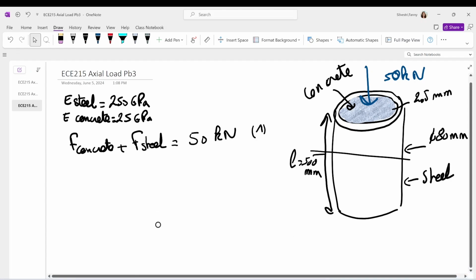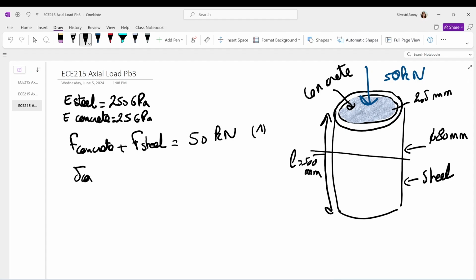Equation number two will be the fact that the displacement of the concrete will be the same as the displacement of the steel. They move together, they will compress together, so they are the same. What is the formula for that?